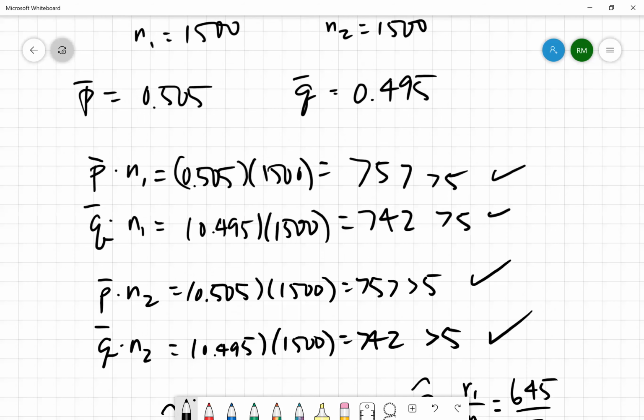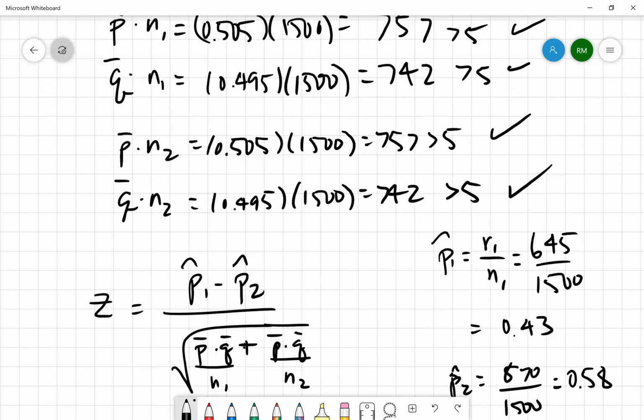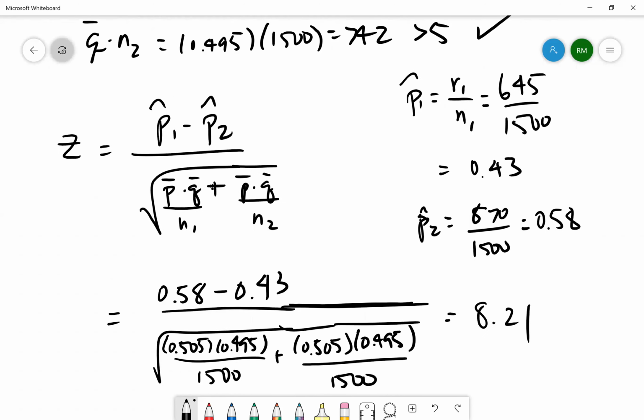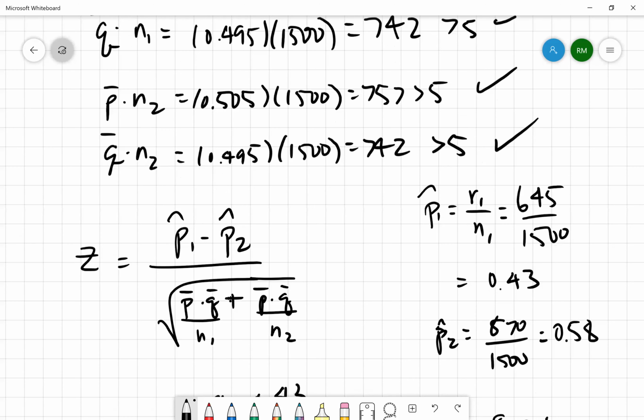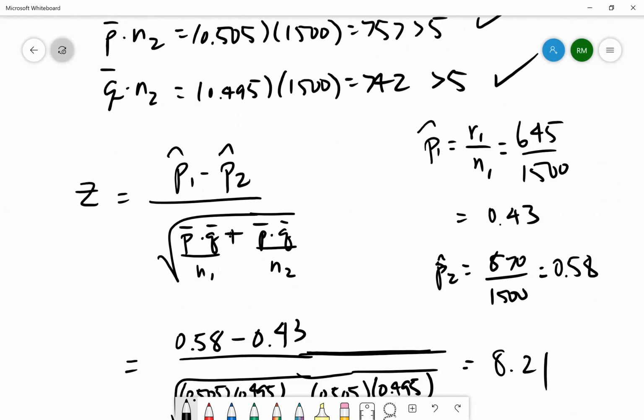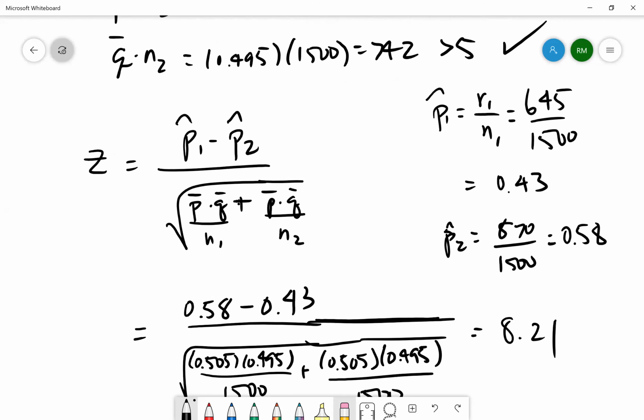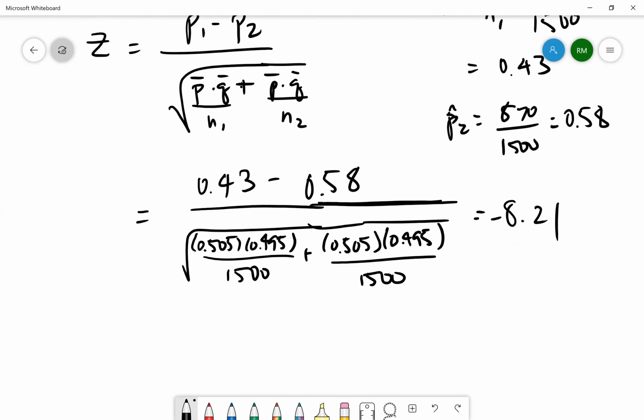Now, if we recall, oh wait, that was my mistake. I switched up two things. Let me do one quick correction. This was actually 0.43 minus 0.58. And this is negative 8.21.